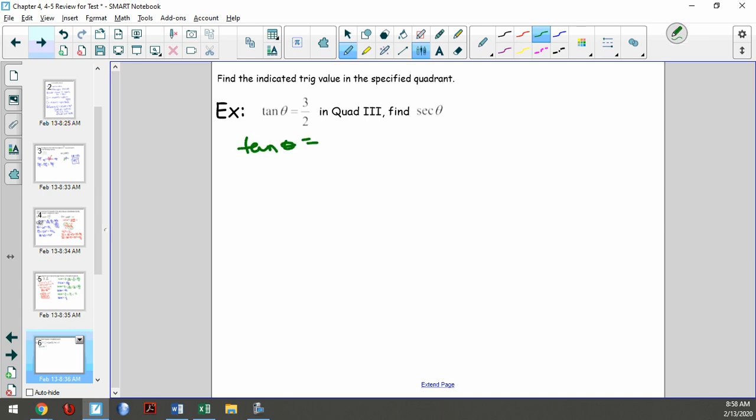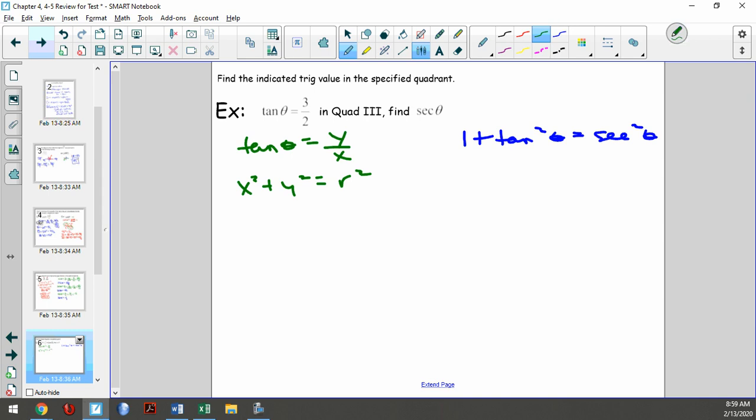Tangent is understood to be y over x. You can find r using x squared plus y squared is equal to r squared, or you can use 1 plus tan squared is equal to secant squared. Doesn't matter. Both work, okay?